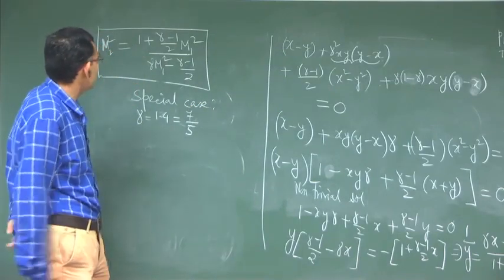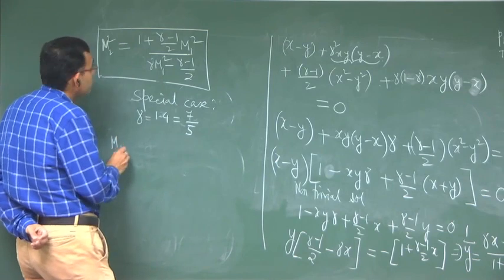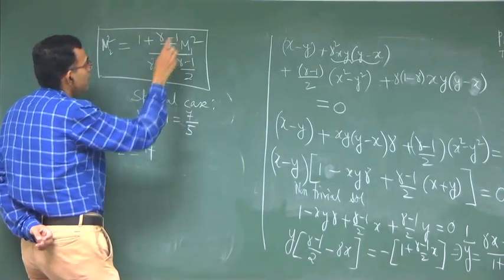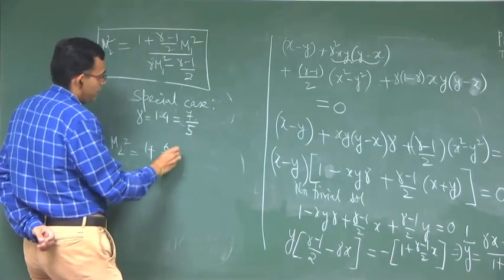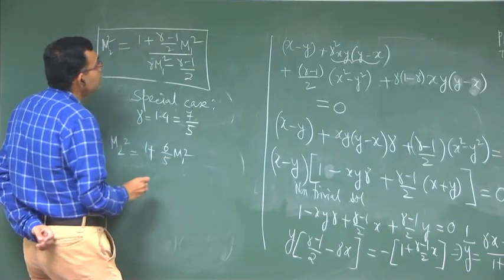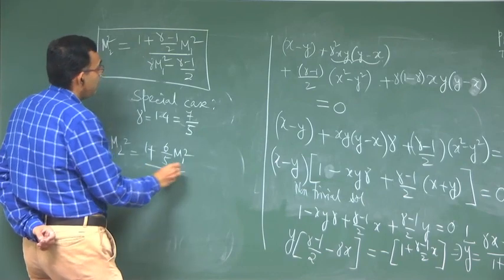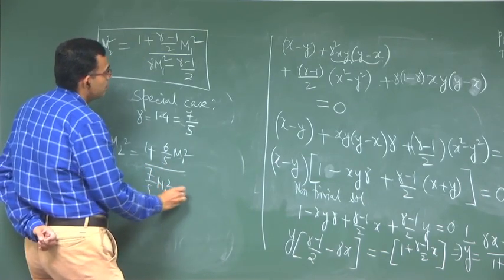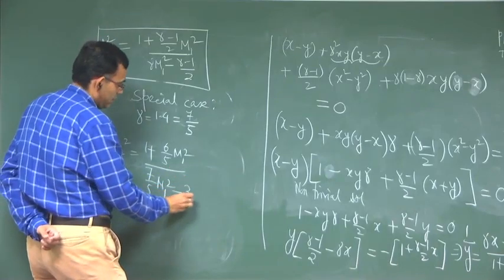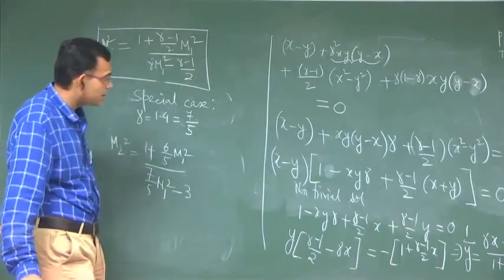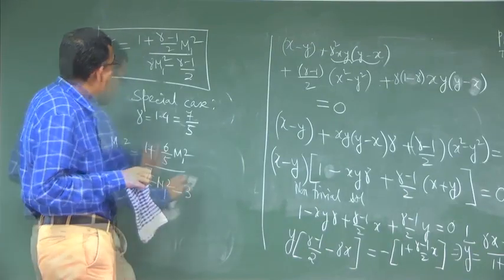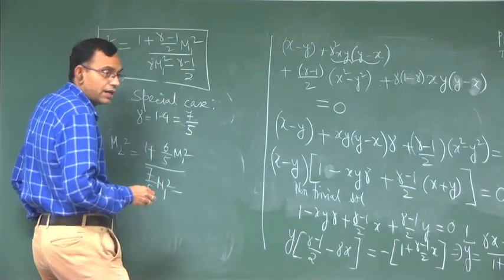So, if you put 7 by 5, m2 square is equal to 1 plus 7 minus 1, that is 6 by 5 m2 square by 7 by 5 m1 square minus 3, gamma minus 1, the whole thing by 2, right.